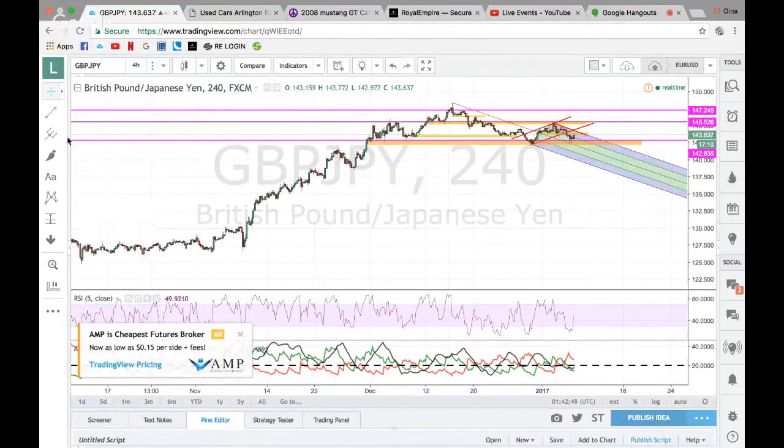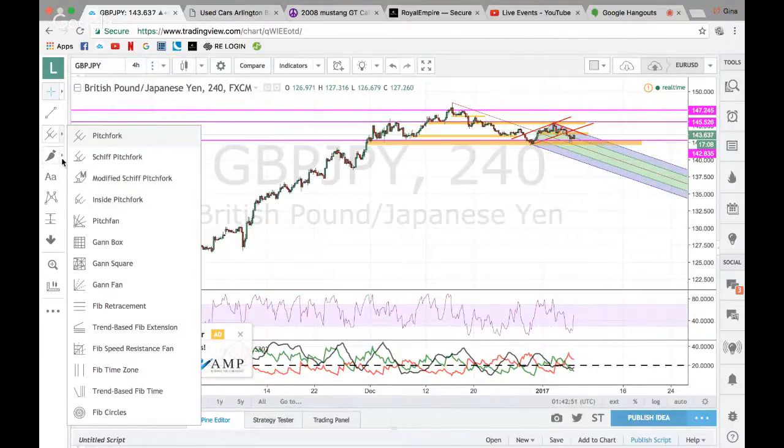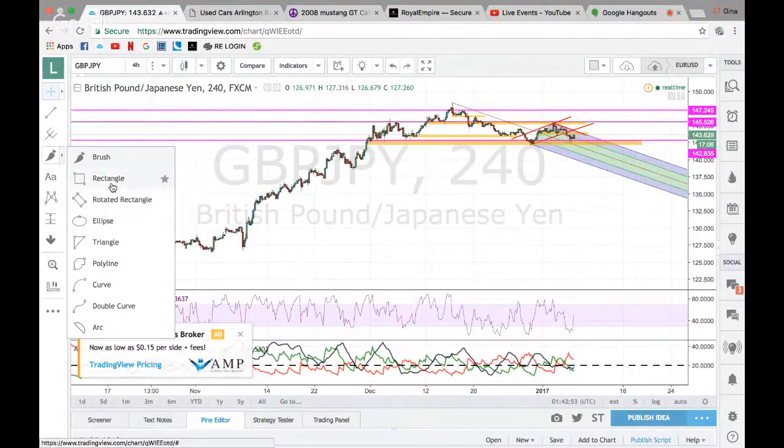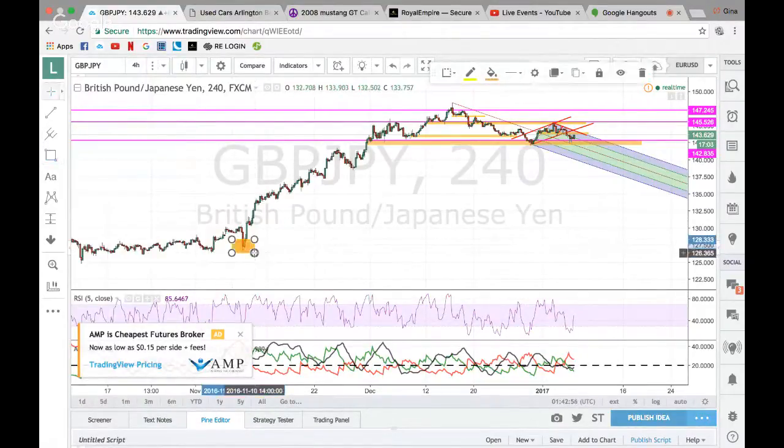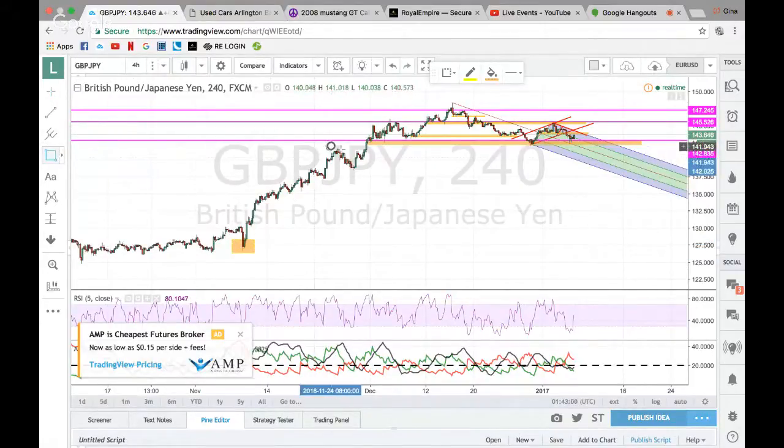So let me just draw some examples. As you can see, we have a low, and then we have a high, and then we have a lower high, and then we have a higher low, and then we have a higher high, and then we have another higher low.